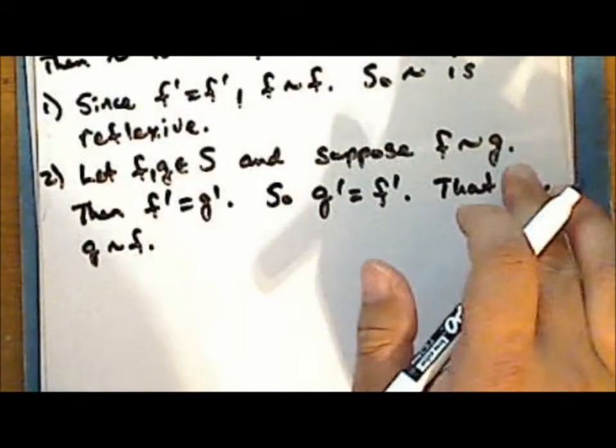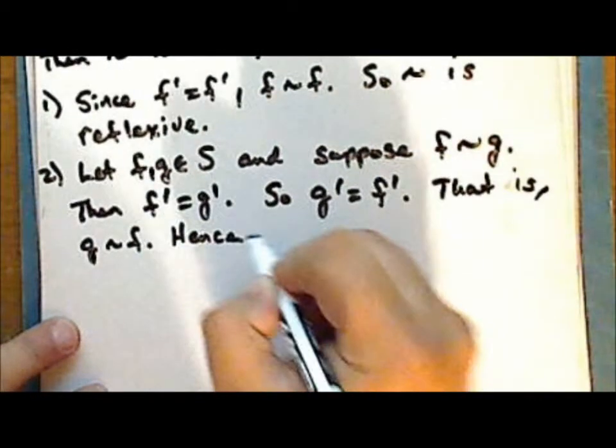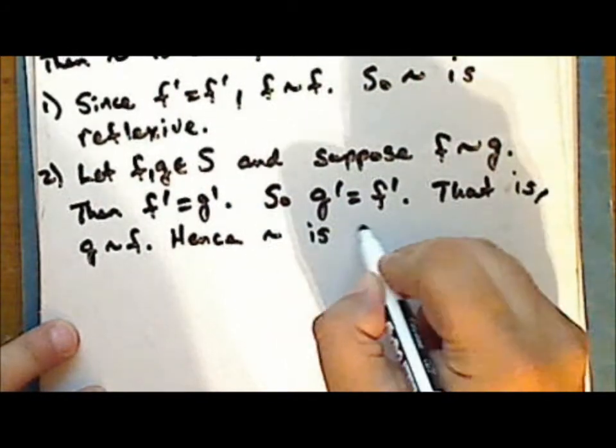So if f is related to g, then g is related to f, hence the relation is symmetric.